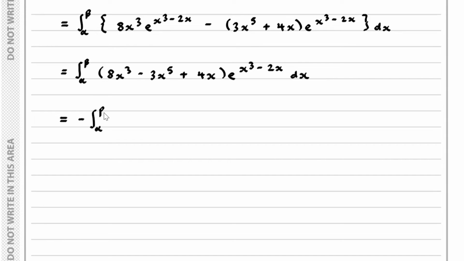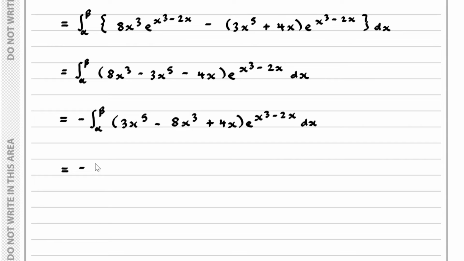So we've got the integral between alpha and beta, and then we have 3x to the 5 subtract 8x cubed plus 4x, and then we have e to the x cubed subtract 2x dx.